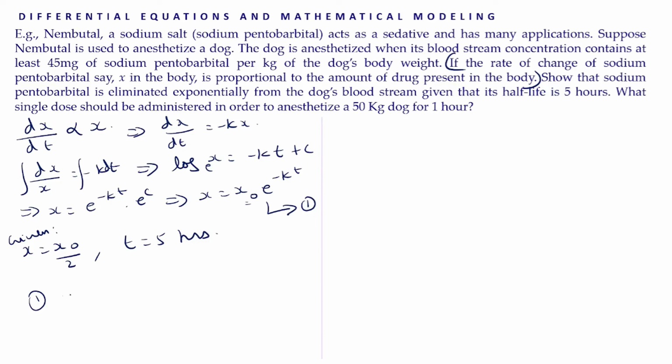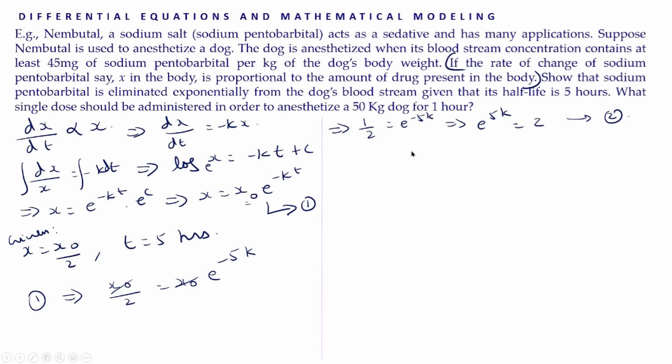So from equation 1, x naught by 2 equals x naught into e raised to minus 5k. So we have half equal to e raised to minus 5k, or e raised to 5k equal to 2. Let us mark this as equation 2.